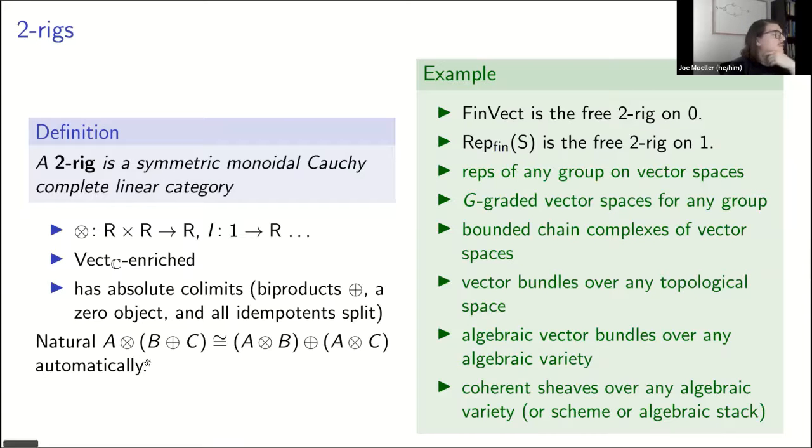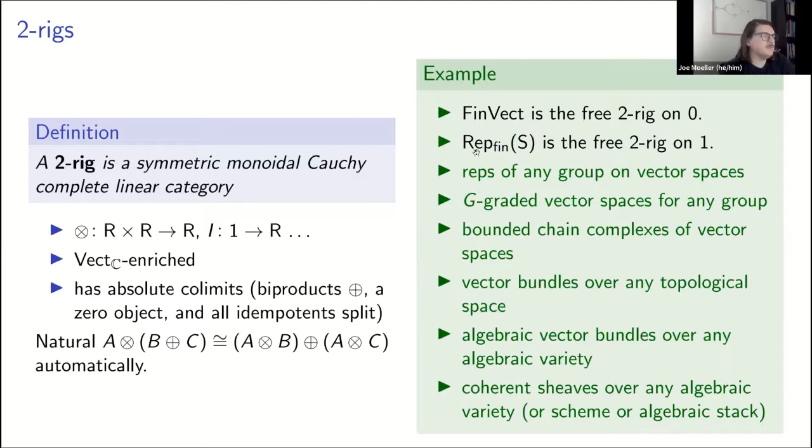The biproduct gives us our analog of addition, and the tensor gives us our analog of multiplication, but we don't have to ask for distributivity because it comes automatically out of the fact that biproducts are an example of an absolute colimit. And here are some examples.